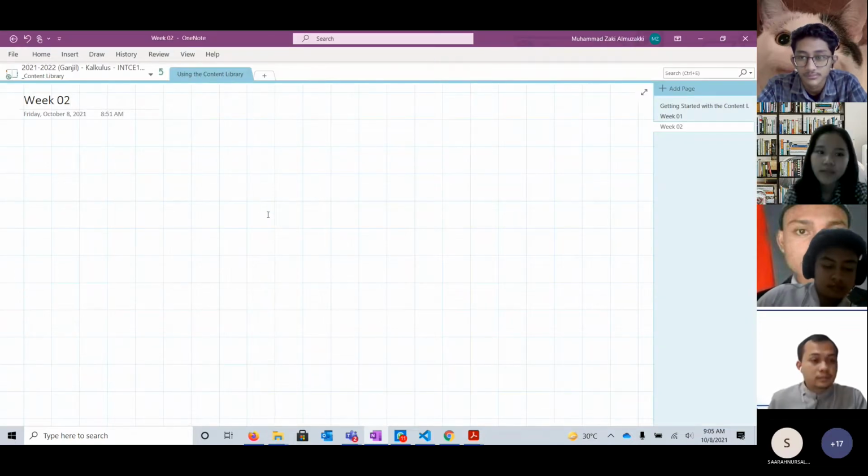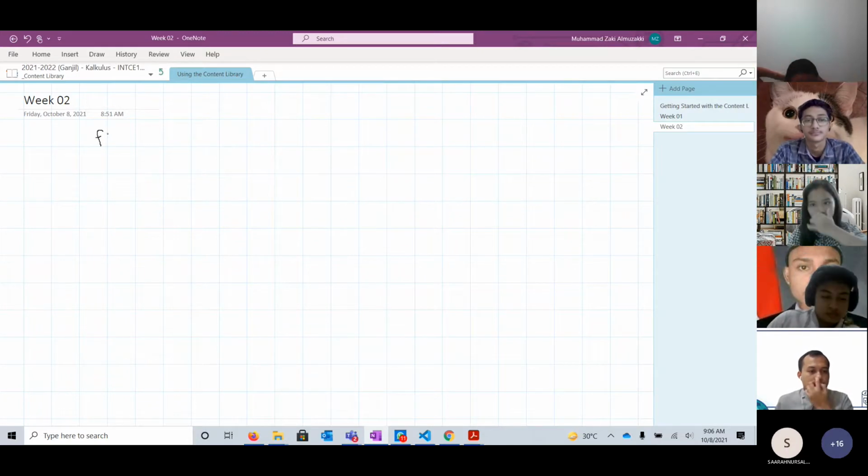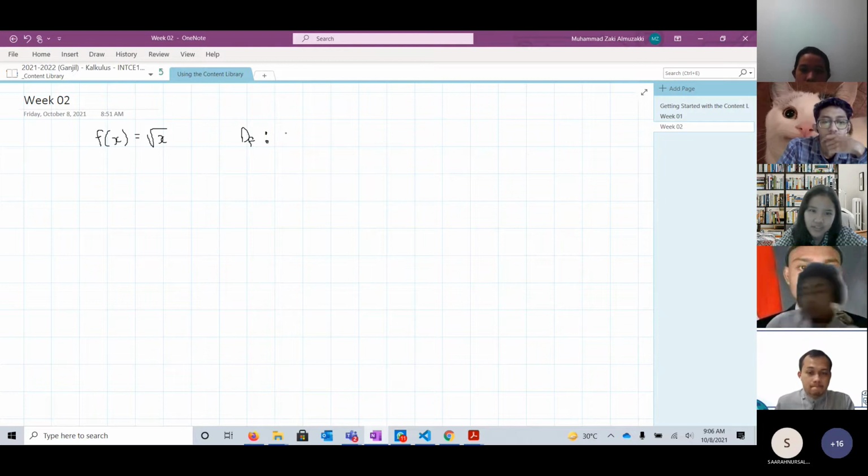So we have f of x equals square root of x. In this case, the domain of f is, anyone remember the domain of f? What is the domain of f in this case?